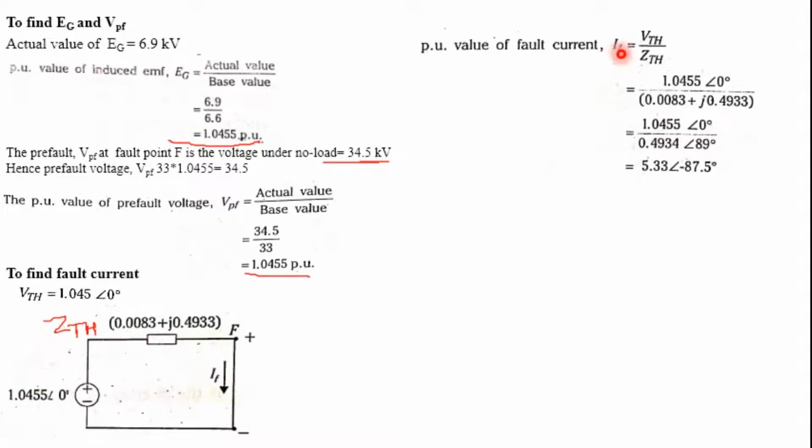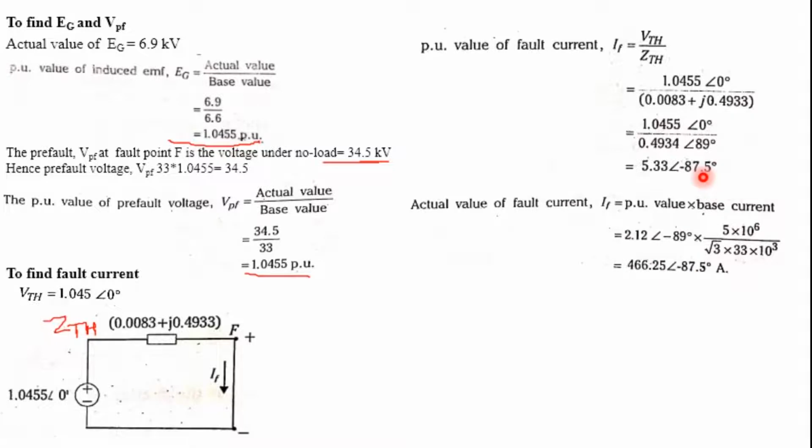IF is equal to V by Z. We know V is 1.045 and ZTH is 5.33 at an angle of minus 87.5, in per unit.